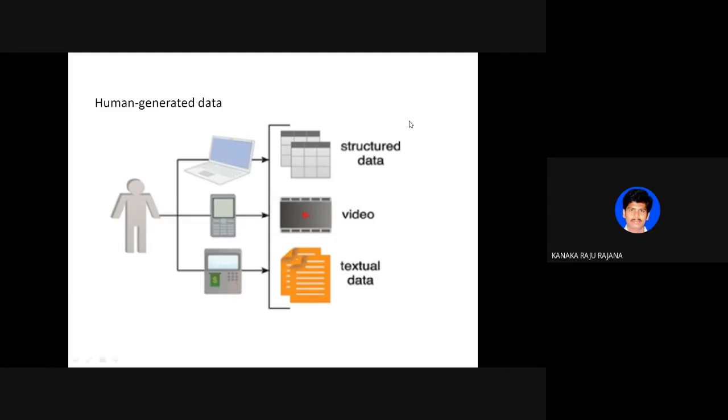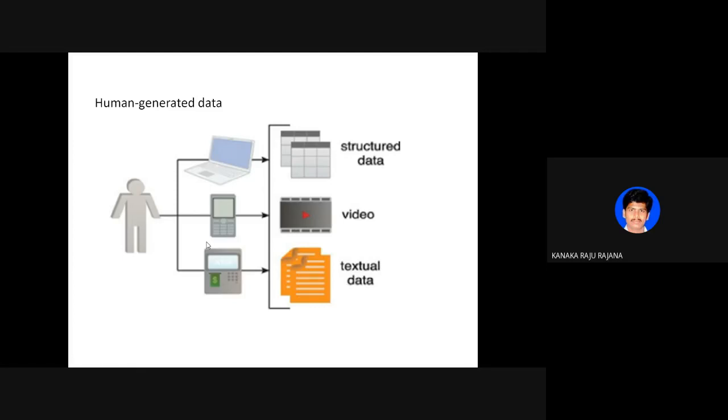This is the structured information. Let us take an example, a video pic which you can visualize, or textual data which you can write. These are examples of human generated data.